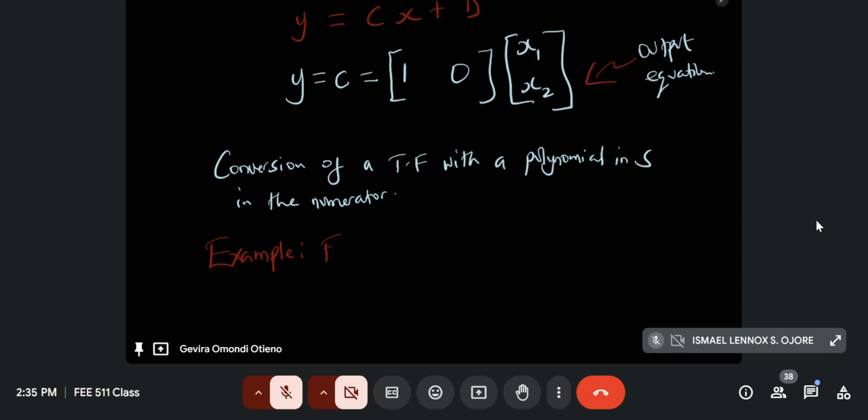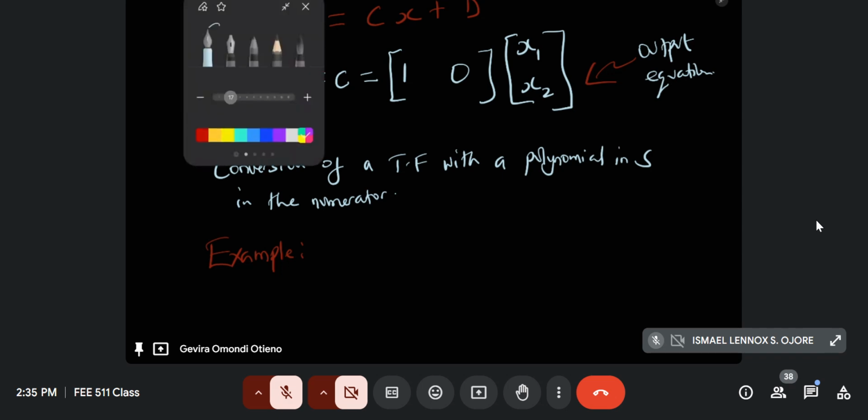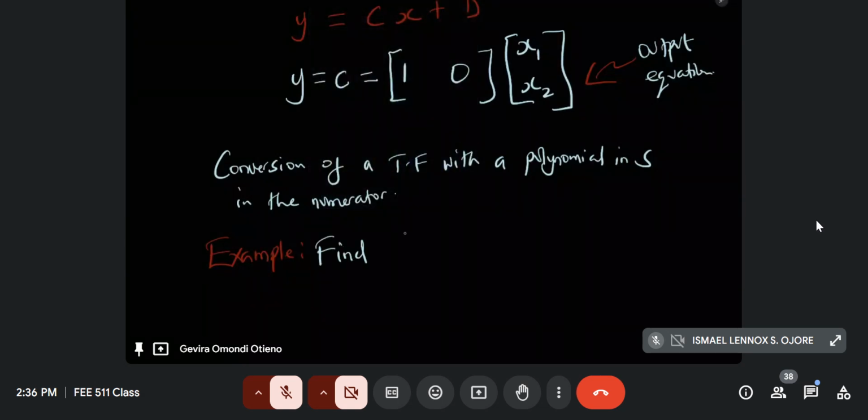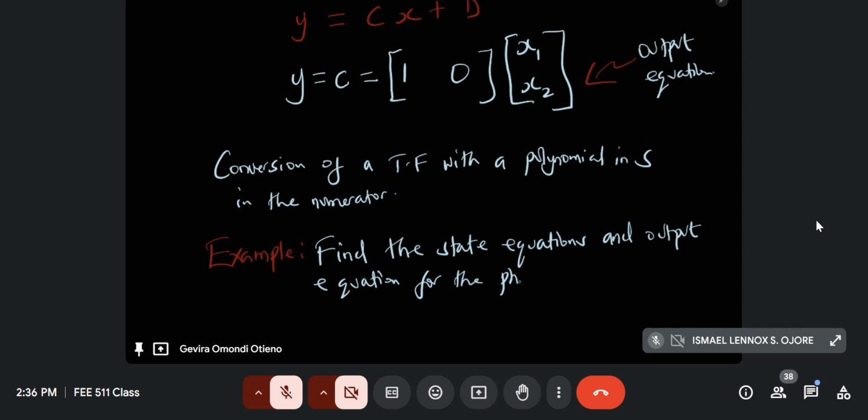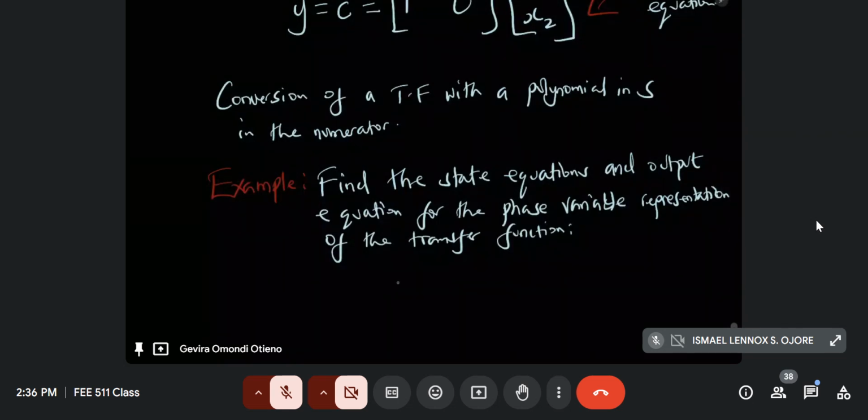It states: find the state equations and output equation for the phase variable representation of the transfer function, and the transfer function here is given as G of S equal to 5S plus 1 over S squared plus 13S plus 16.